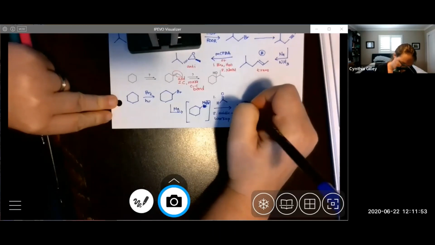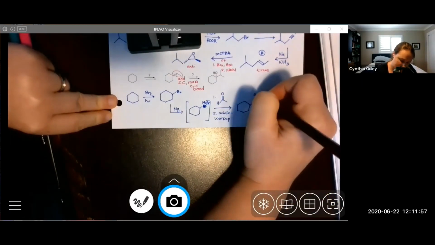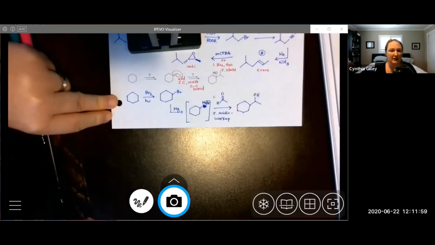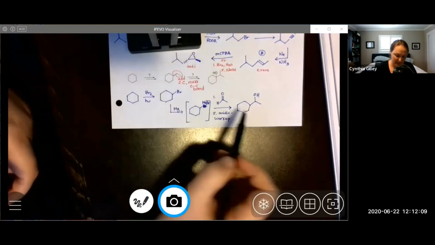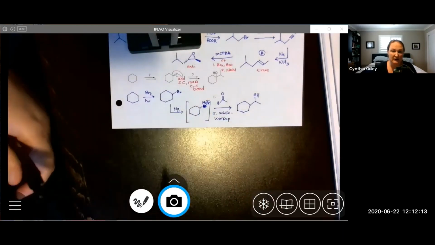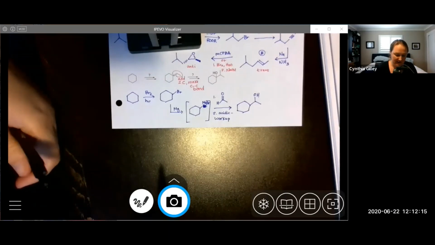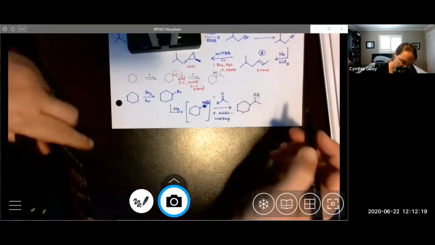Okay, so what would we get from that? We would add our two carbons and we would end up with an alcohol. Which is good, right? And then now we need to just figure out how to get rid of that and get an alkene. Having an alkene here is the Zaitsev product.